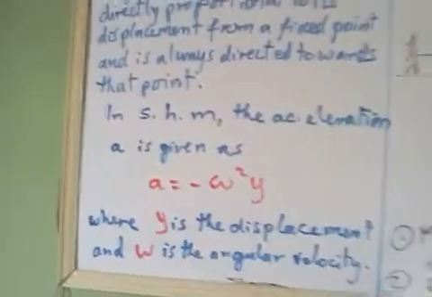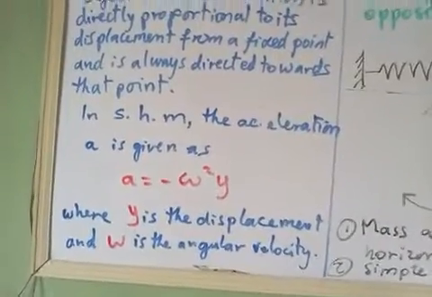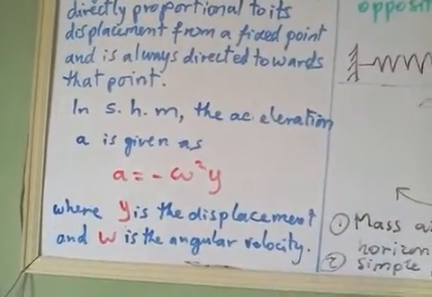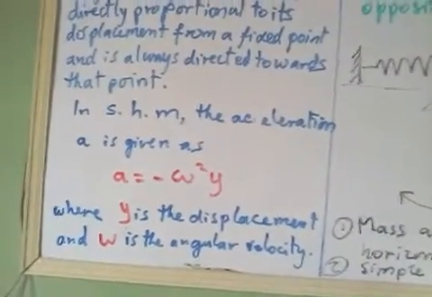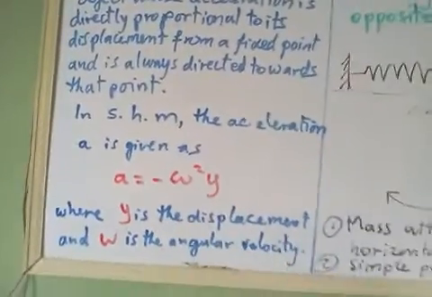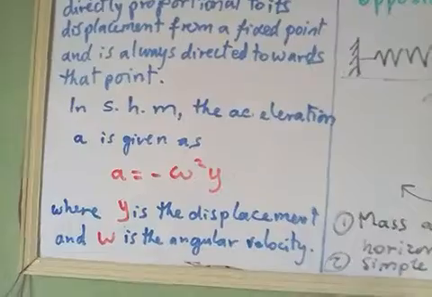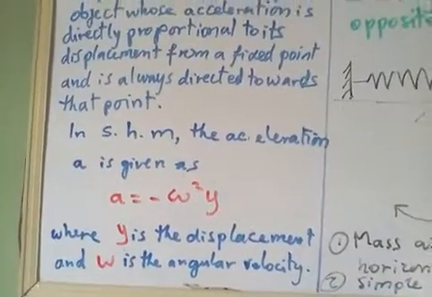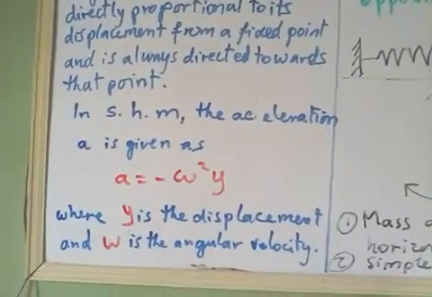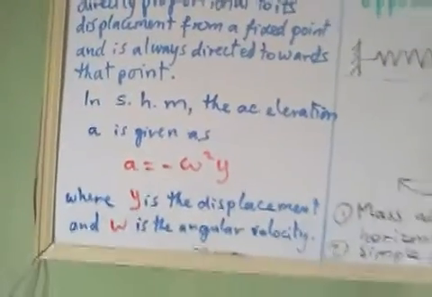This formula has been derived in the video on rotational motion, so you have to watch that video to understand how we got this formula. The acceleration for rotational motion is the same as the acceleration of the simple harmonic motion. The only difference is the minus sign, and I'm going to explain why there is a minus sign.